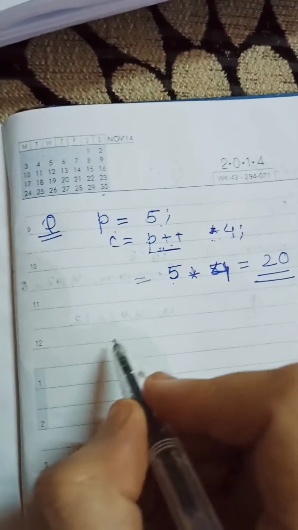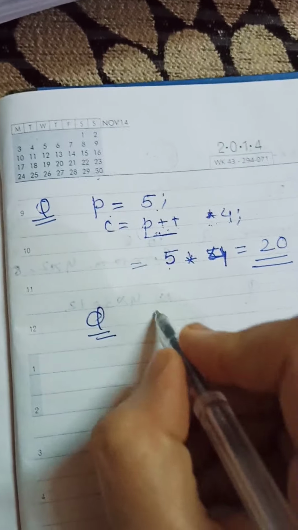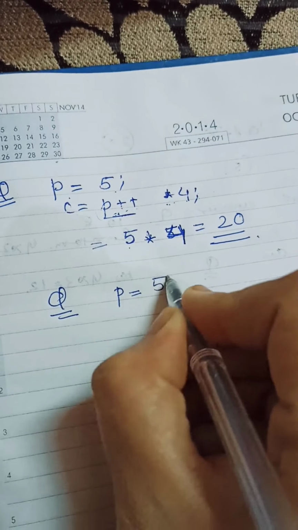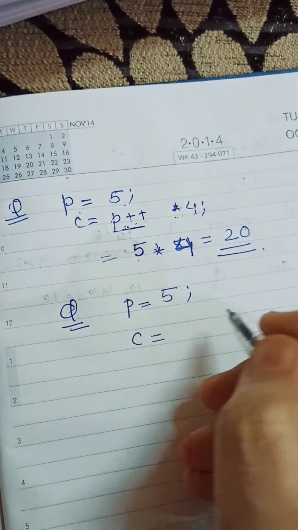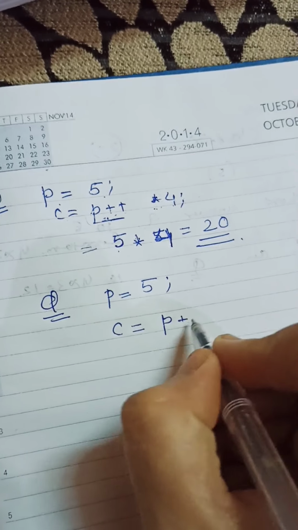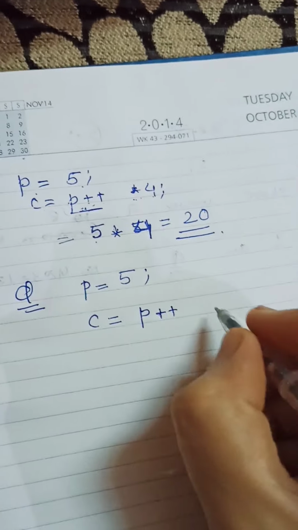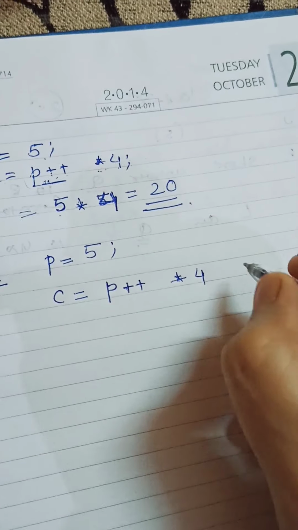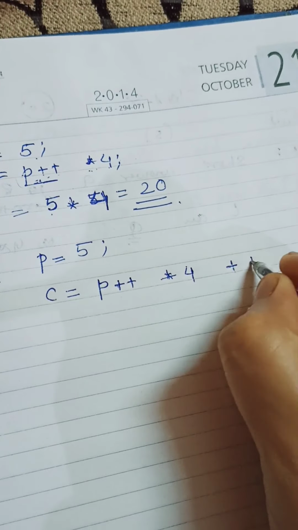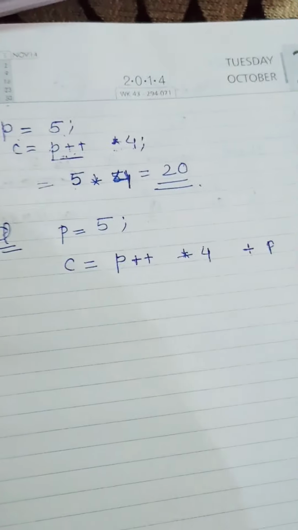So the answer will be 20. Take an example. If suppose the value of p is 5 and I have to find c, and my expression is c = p++ * 4 + p. For example, this expression I have to calculate.